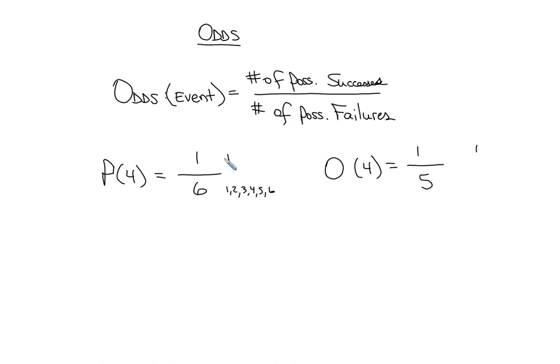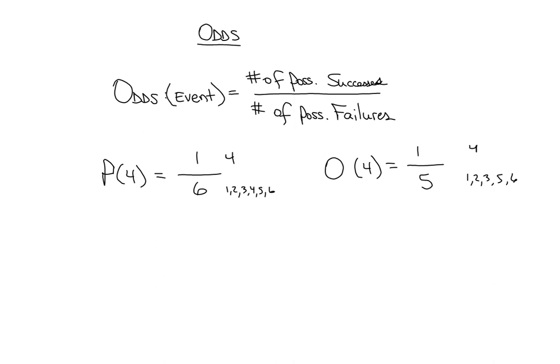Here it's 4, excuse me. 4 is our success. 1, 2, 3, 5, and 6 are our failures. So this is the difference between probability and odds. Probability is successes over outcomes. Odds is successes over failures.